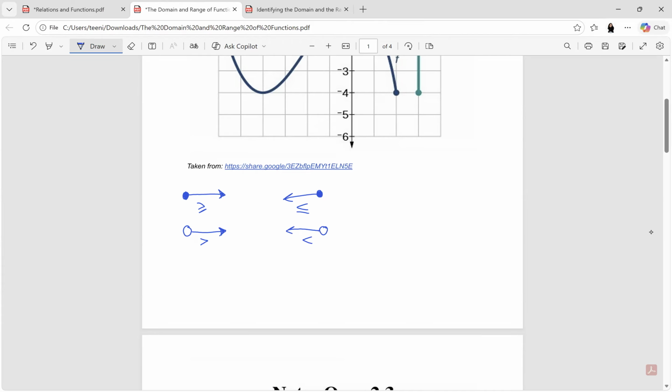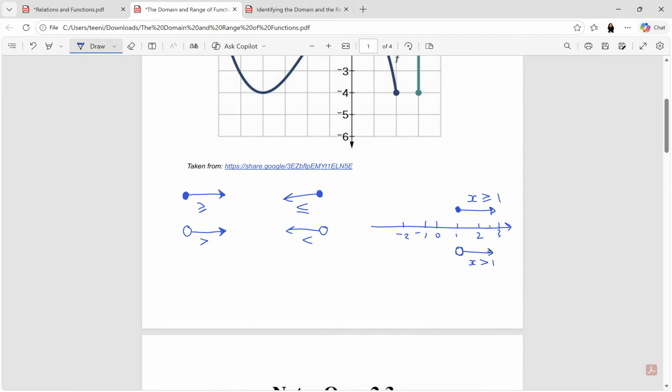So for example, if I had the number line, let's say this is the number line, 0, -1, -2, 1, 2, 3, right? And I have a shaded circle above 1 with my arrow pointing to the right. Well, this would mean x is greater than or equal to 1. But if I had an unshaded circle with the arrow pointing to the right, this would simply mean x is greater than 1.